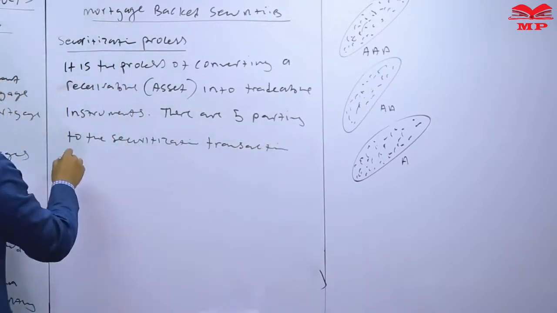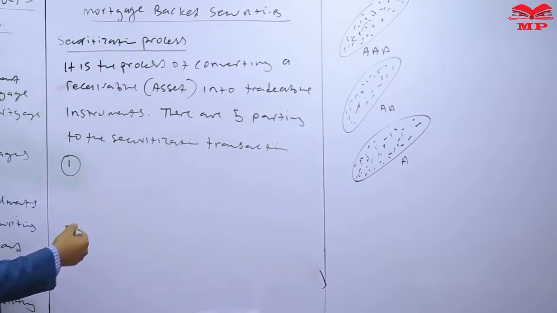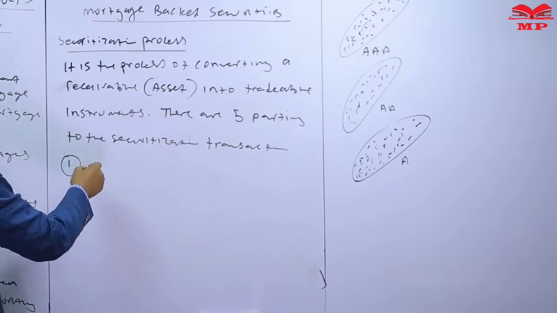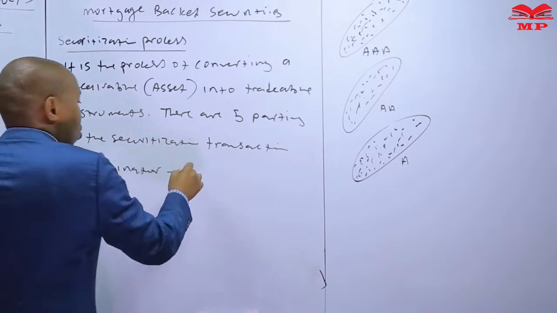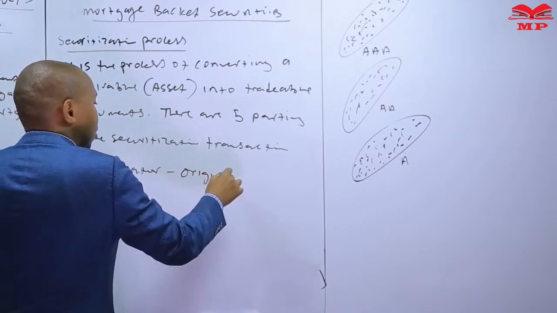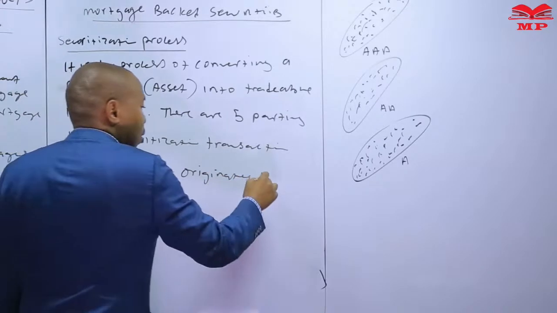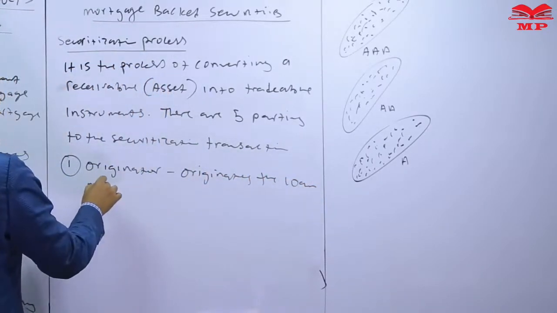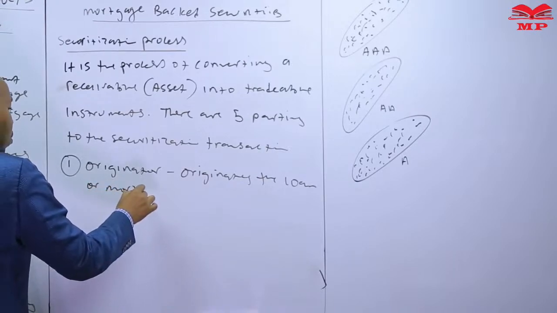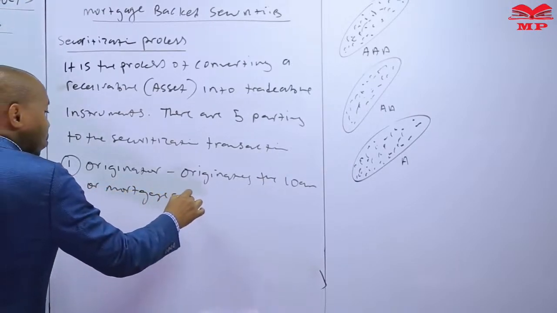We have number 1, the originator, which we had given the explanation as HFCK. The originator originates the loan or mortgage arrangement.